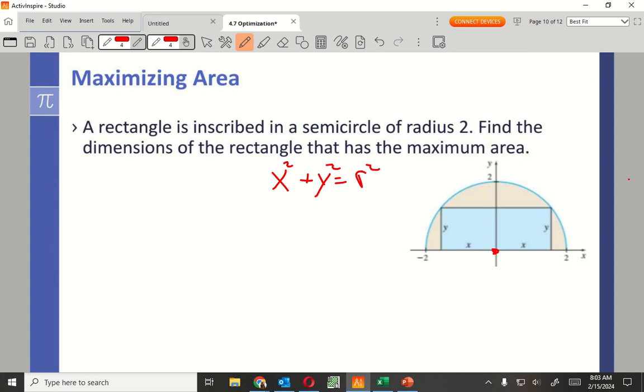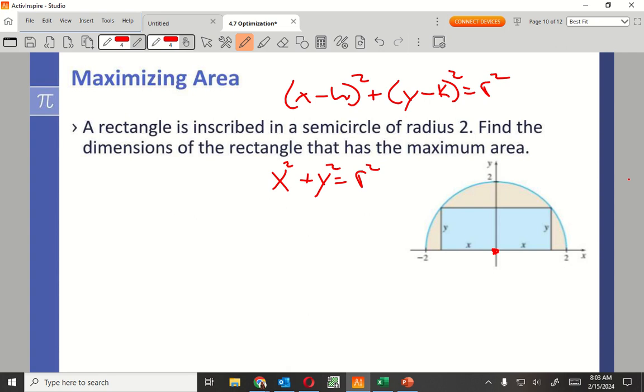The original formula is x minus h squared plus y minus k squared equals r squared, where h and k are the coordinates of the center of the circle, and r is the radius of the circle.